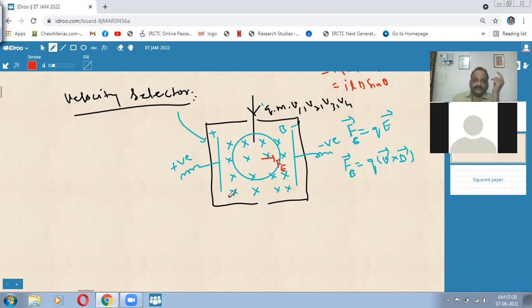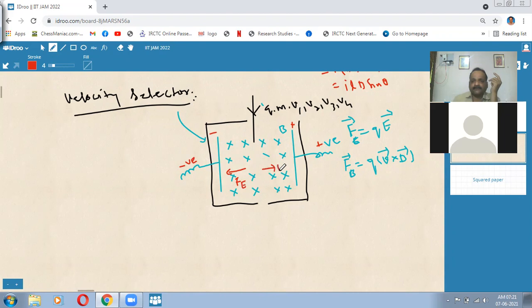We should apply electric and magnetic fields in such a way that they act in opposite directions. Means you should make this one negative and this one positive. Now force due to electric field will be acting towards our left, that's how we have to apply.